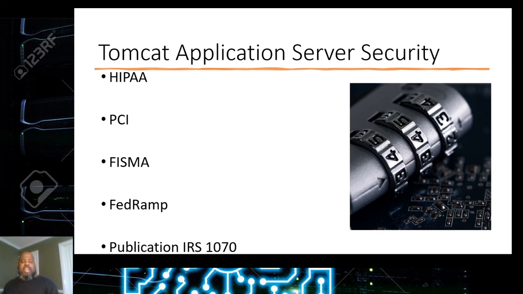FISMA is usually for government installations. FedRAMP is for government installations in the cloud. So if you talk about Azure, AWS, or Google, all those have their FedRAMP certifications. Then one I've been working closely with for years is publication IRS 1070. The IRS has their security checks they need to do for your particular application.